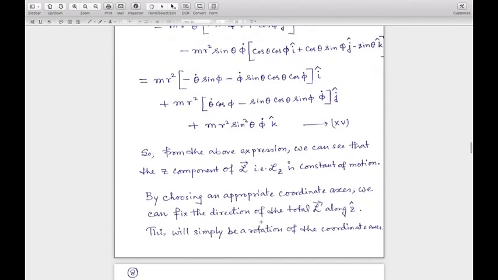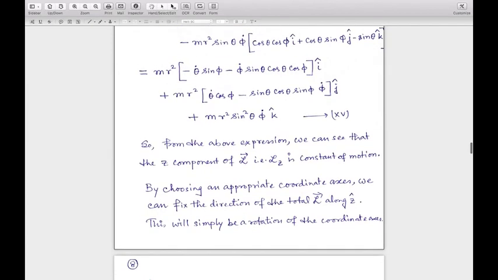Now we can try to see whether we can somehow transfer the coordinate systems in such a way that our total angular momentum will be directed just along the z direction. If you remember, the basic reason of having an angular momentum is the rotation.